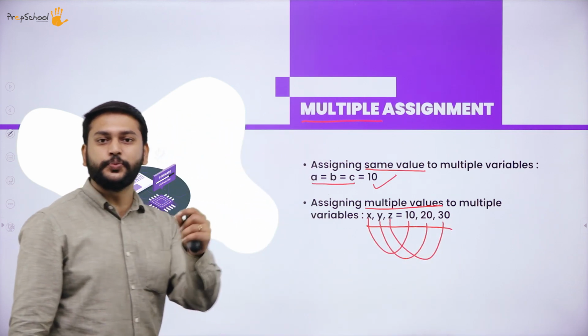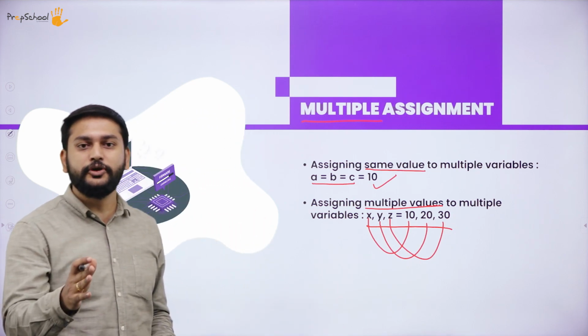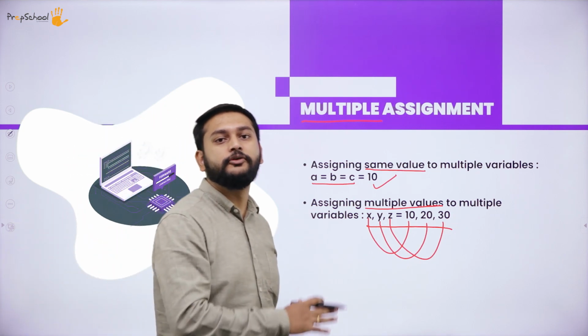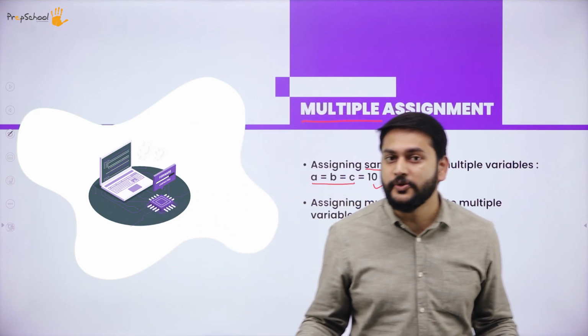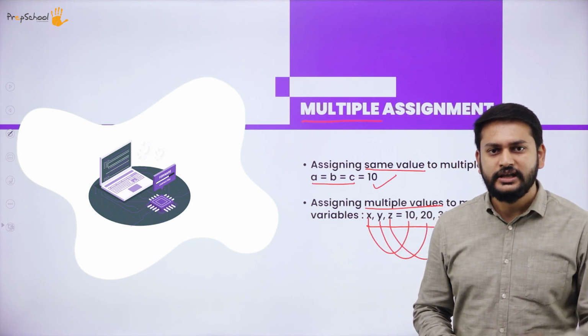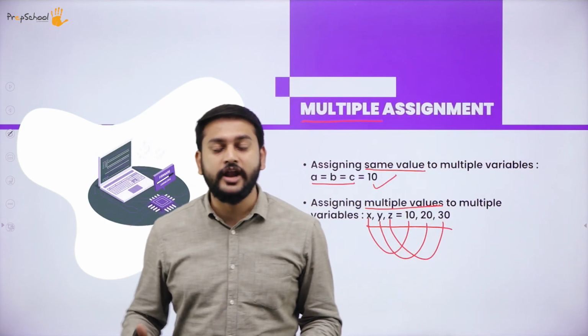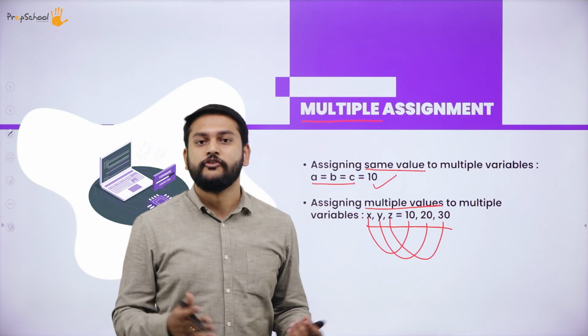This is possible in Python. Multiple variables will have multiple values. You can assign multiple values to multiple variables in a single statement. This is what you have to understand whenever you are creating variables.